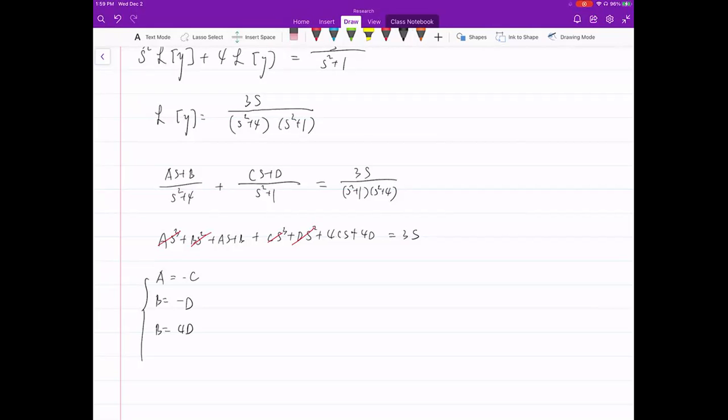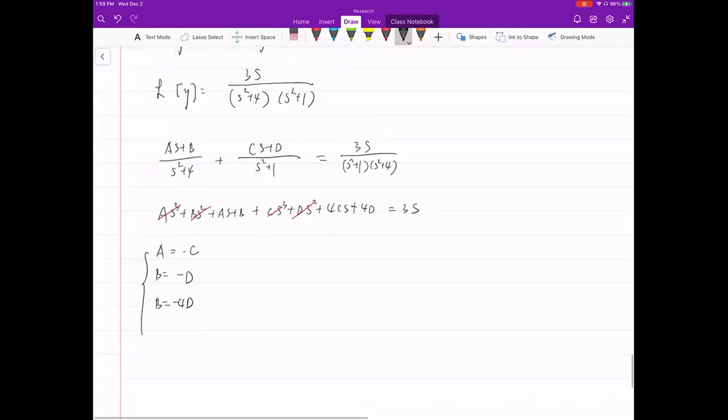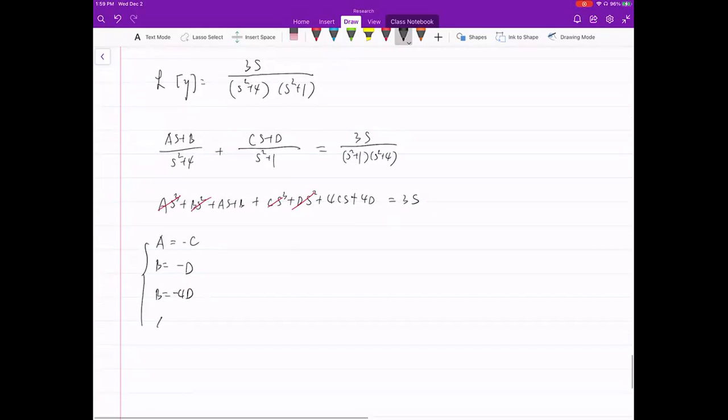So B equals negative 4D. And finally, A plus 4C equals 3 for the s term.